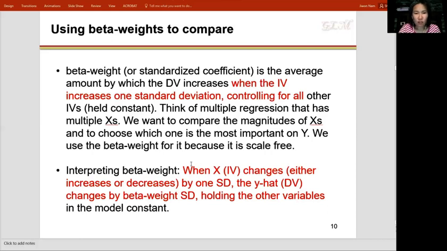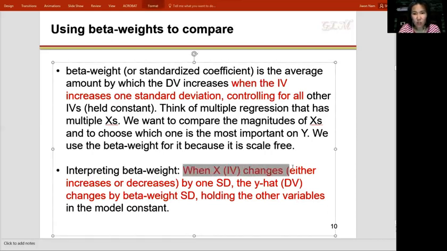So let's read the second one: when x changes by 1 standard deviation, y, the dependent variable, changes by beta weight standard deviations.